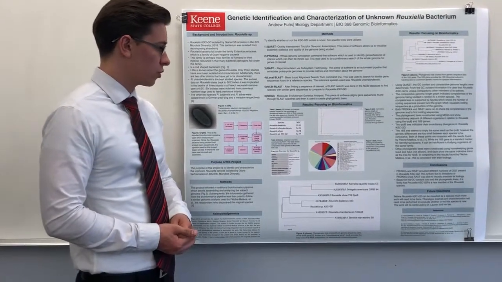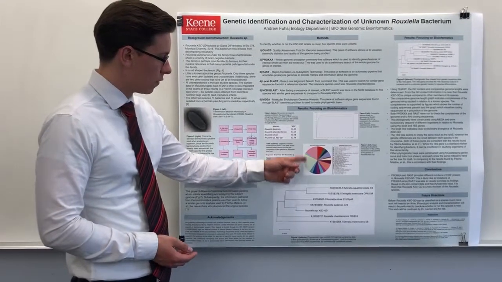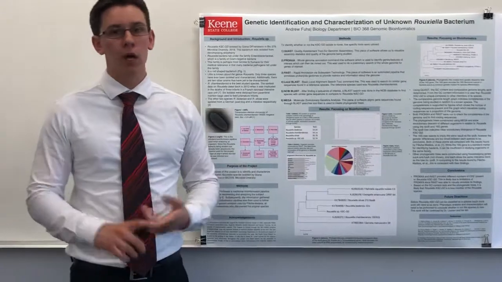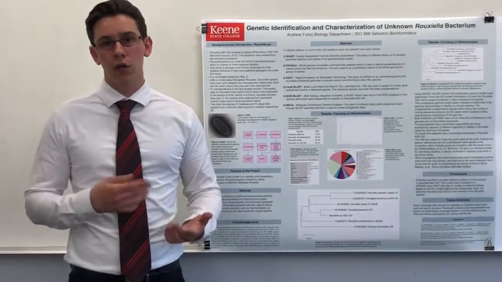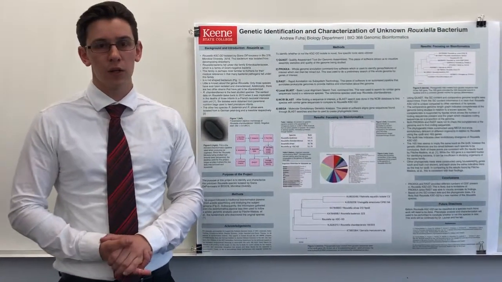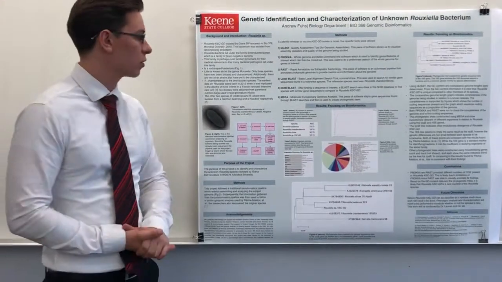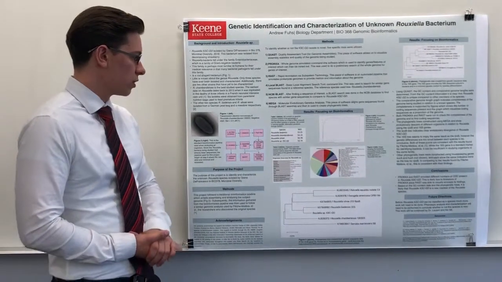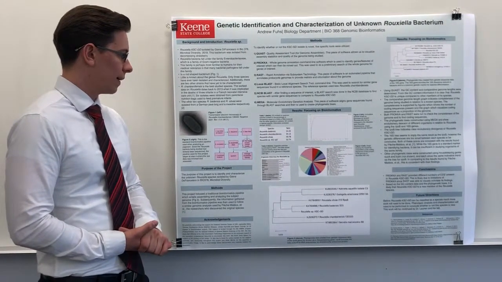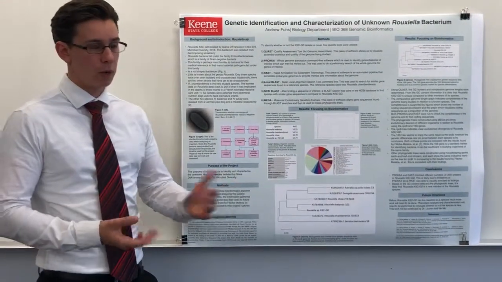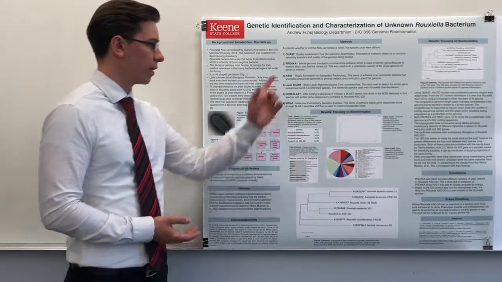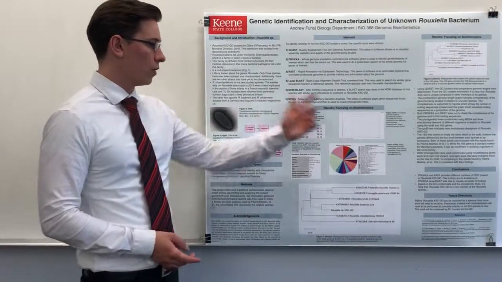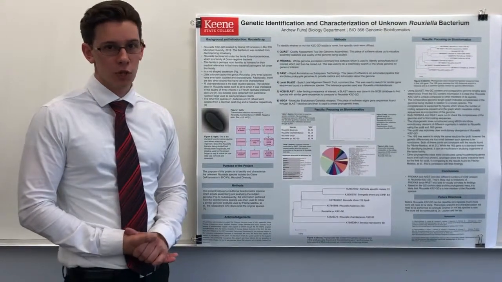So essentially, this percentage of the genome correlates to a specific function, be it carbohydrate synthesis or other RNA syntheses and biological processes, making proteins essentially. And then this table right here is just a general overview of our organism, our Rouxiella species, as generated by RAST, more or less just repeating what the other three images show.